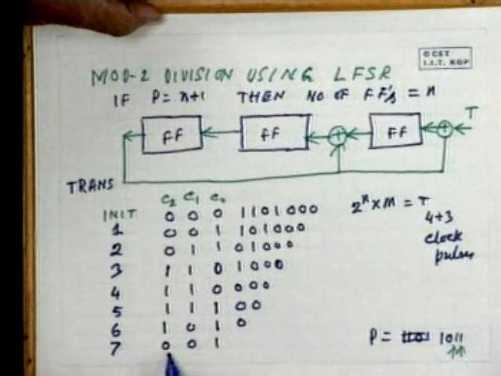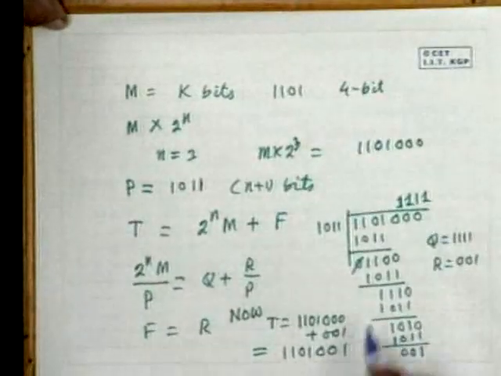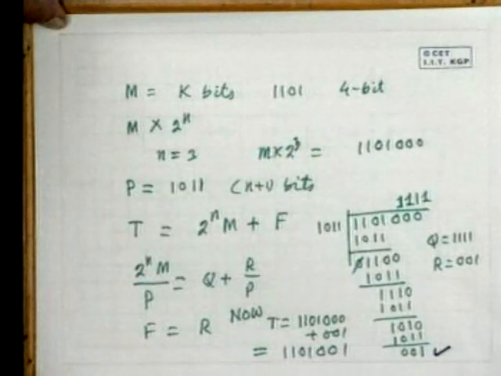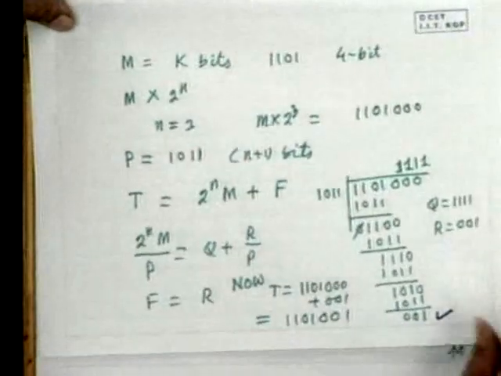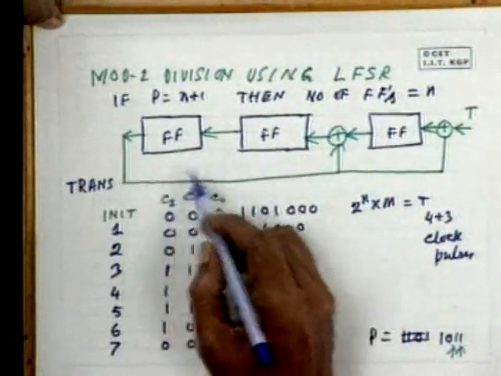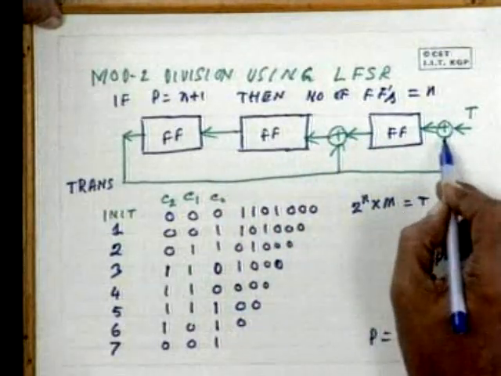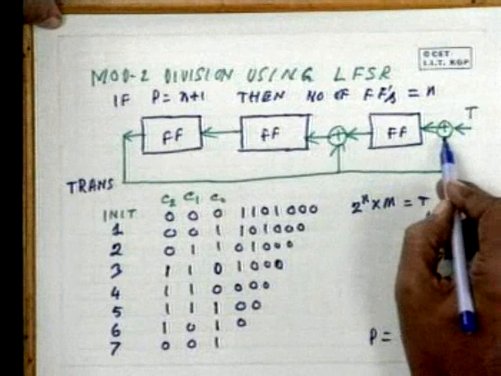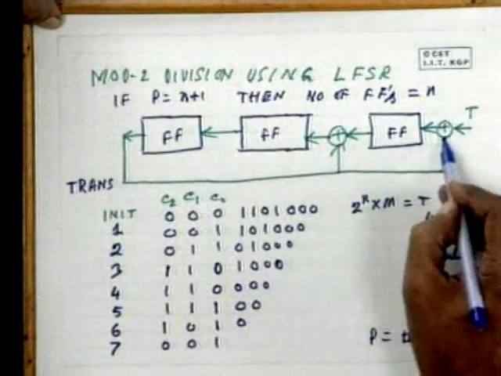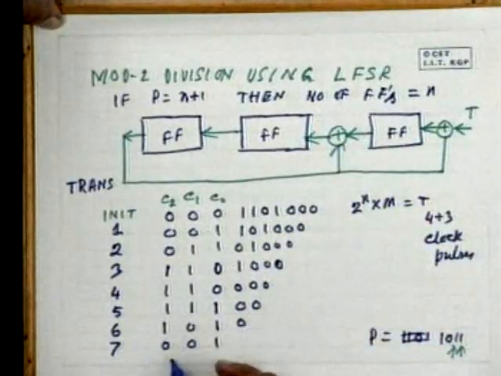So 0 0 1, the same thing we got by performing division, as you can see. So same thing we are getting with the help of this circuitry realized using shift register and exclusive OR gates, and it is called linear feedback shift register because the exclusive OR gates perform linear operation on the input pattern, as you have seen here.